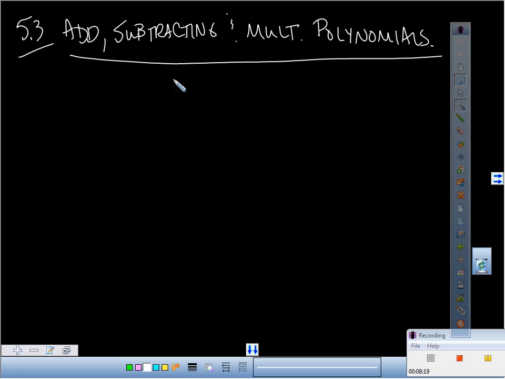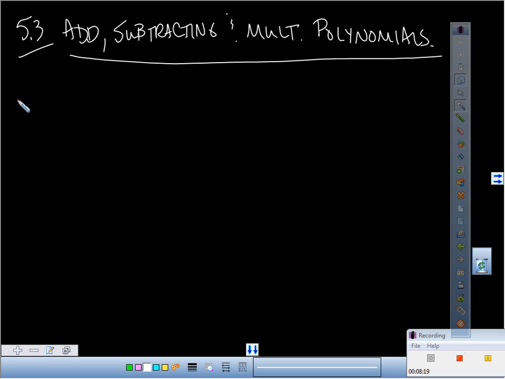Adding: how do you add polynomials? That's right, you're collecting like terms, people. Is that hard? No, you did it in Algebra 1. You did it in geometry. I'm hoping you can do it here.